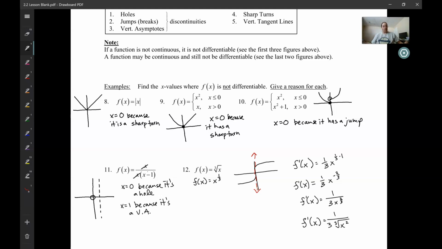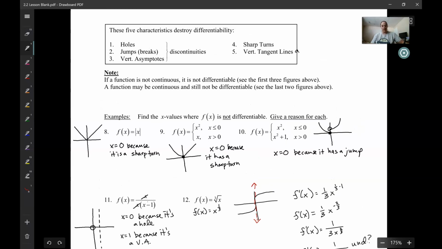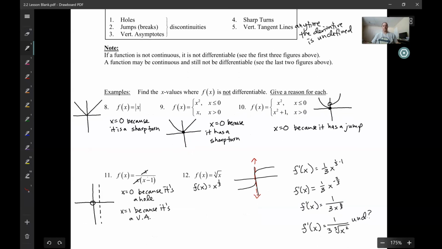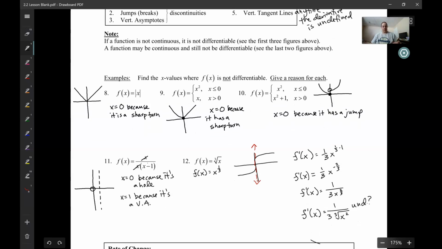Are there any numbers that make this undefined? Well, yeah, if I put a 0 right in there for x, then I'm dividing by 0. This is undefined. So that tells me right there that's a vertical tangent line. Vertical tangent line is any time the derivative is undefined. That's a vertical tangent line. So I'm going to say x equals 0 because it has a vertical tangent line.